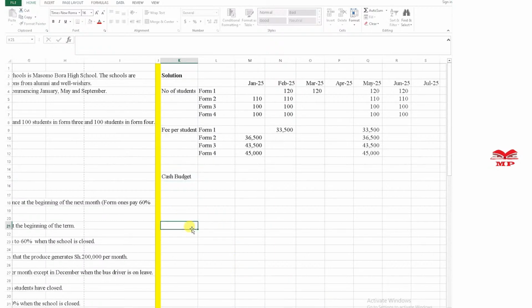Cash budget will have the receipts and the expenditure or the payments there. So the cash budget begins by looking at the years, of course.